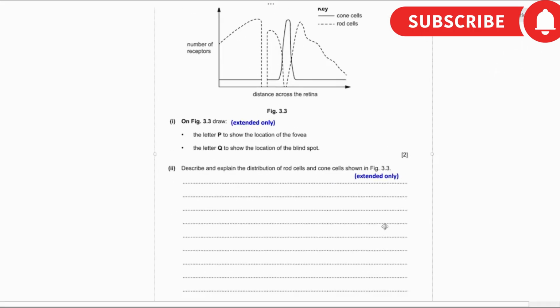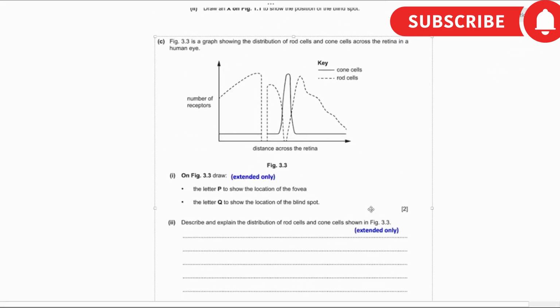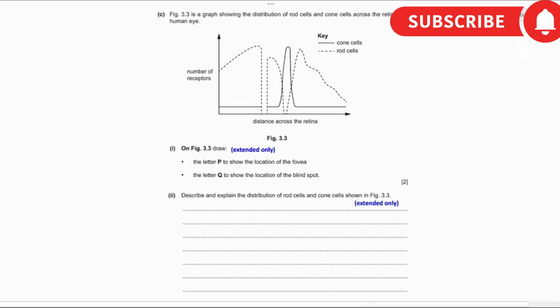A graph is given. Just have a good look at this graph. The x-axis is distance across the retina. The dotted line shows the rod cells and the solid line shows the cone cells. The letter P shows the location of the fovea and the letter Q shows the location of the blind spot.